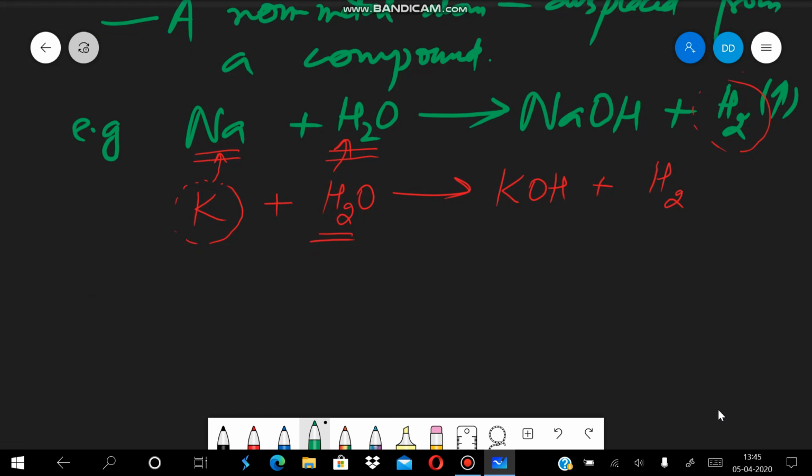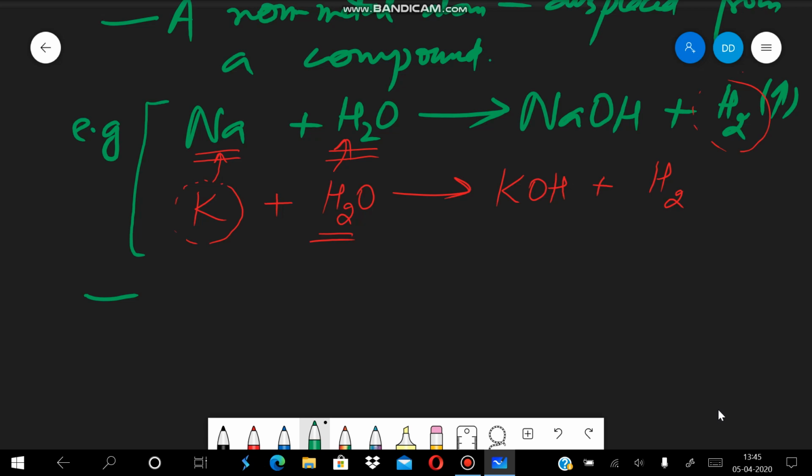Now in these two examples, we have seen that a metal is displacing a non-metal. It is also possible that a non-metal can displace another non-metal. But again, the condition is that the non-metal which will displace another non-metal should be more reactive.